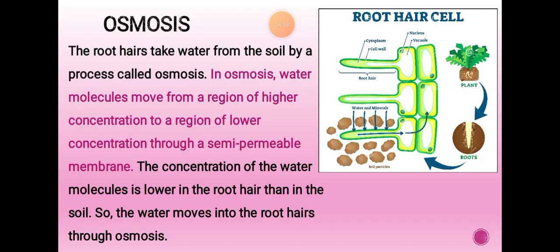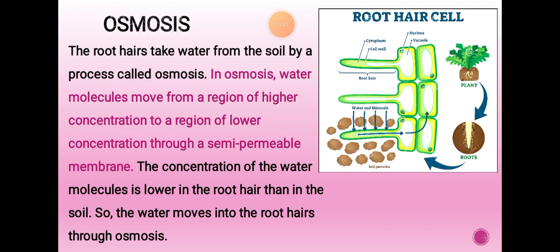So the water moves into the root hairs through osmosis. The root hairs take water from the soil by a process called osmosis. Now that's clear to you because I already explained this for a long time. In osmosis, water molecules move from a region of higher concentration to a region of lower concentration through a semi-permeable membrane.